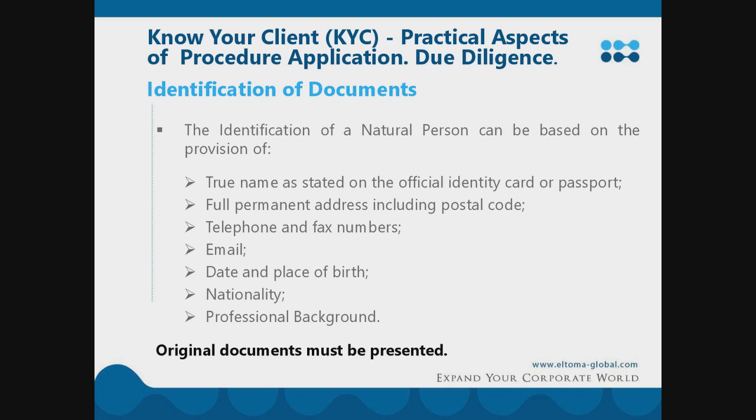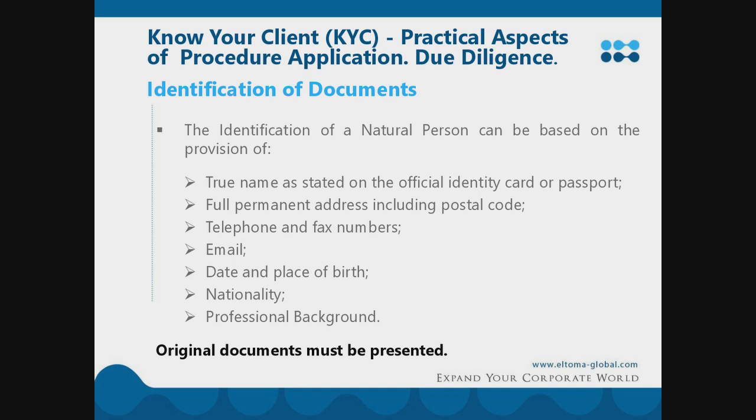Identification of documents, for example, for a natural person, could be based on provision of, first of all, the true name as stated in any official documents, for example, identity card or passport, full permanent address, which you may find in internal documents or in utility bills. Also, telephone and fax numbers, email, date and place of birth, nationality, and professional background.